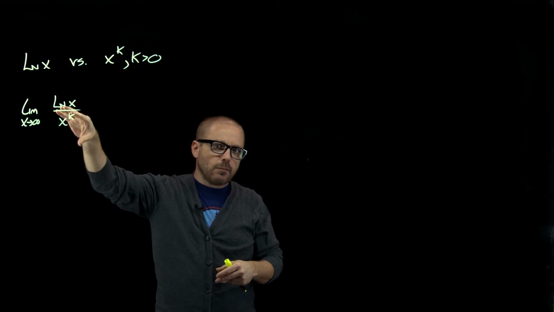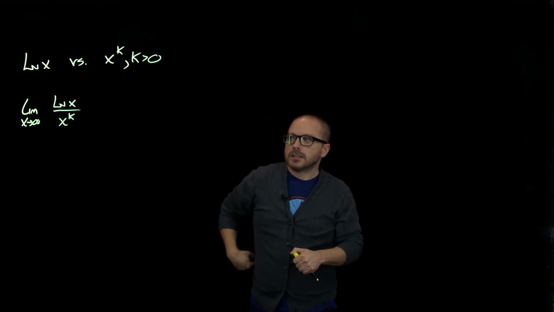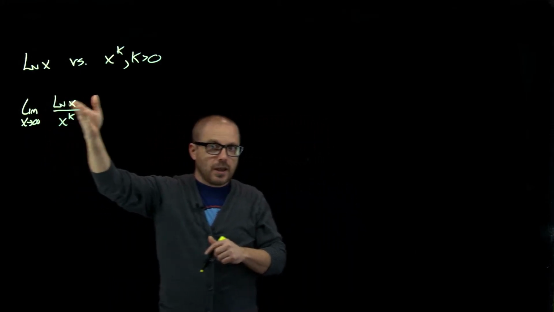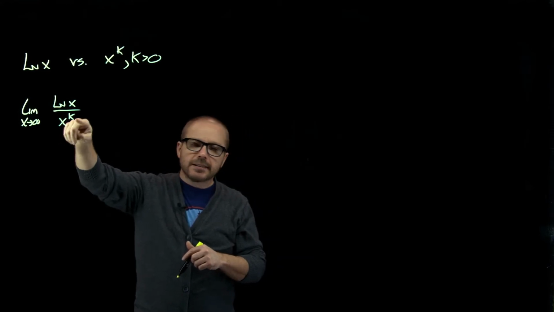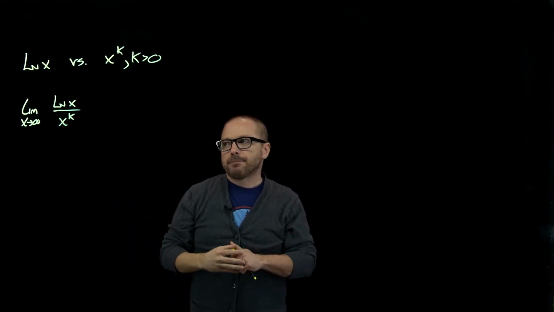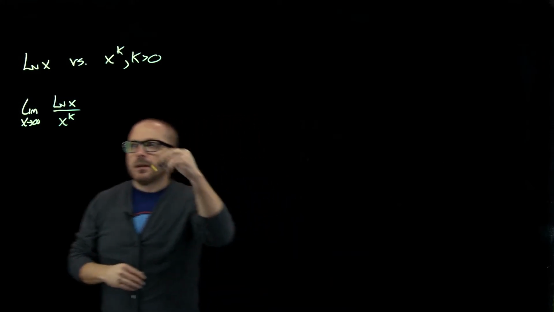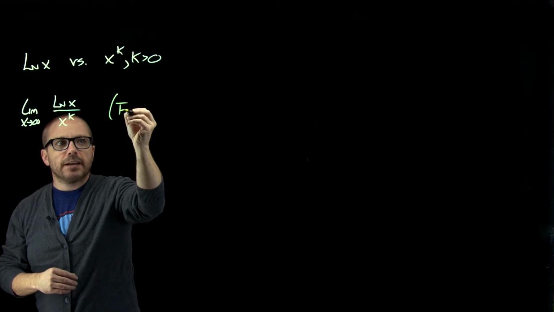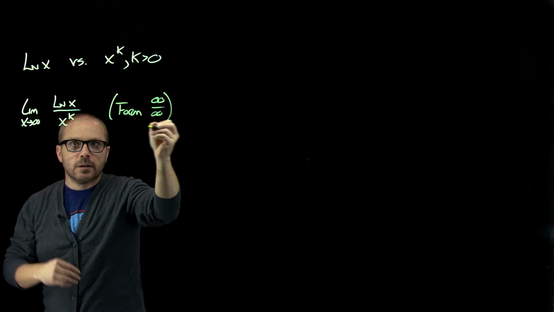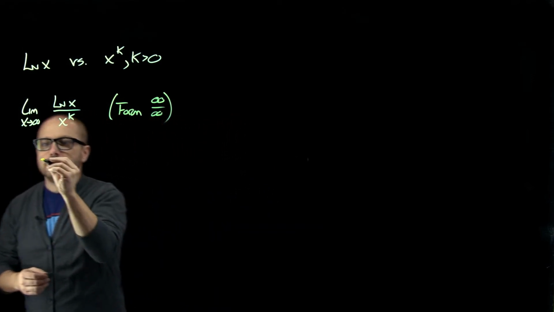And if they grow at the same rate, you're going to fall into some constant, bigger than 0 but less than infinity. So remember, natural log does head off to infinity, and x to any positive power, we know, grows to infinity. So we have a form, infinity over infinity, which is one of our L'Hopital forms. So we can apply L'Hopital's rule to that, which I will do.